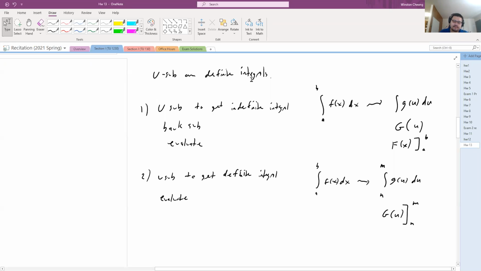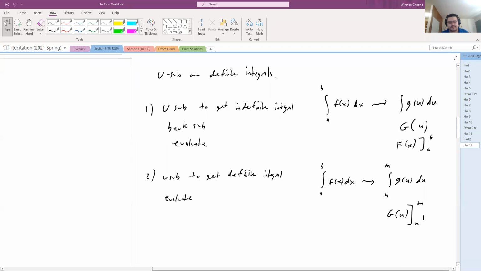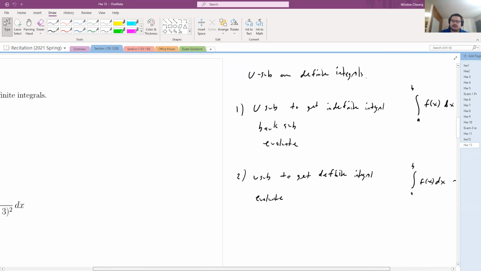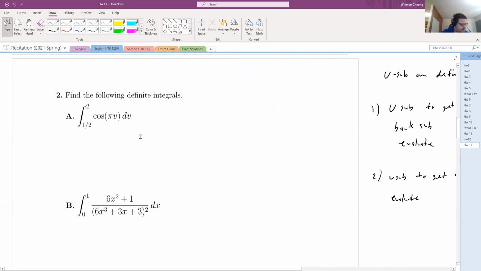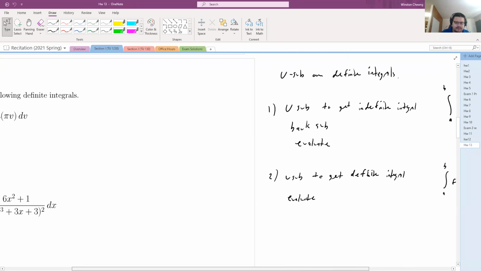Either method should give you the same thing. Otherwise, you will have done something wrong somewhere. So it's up to you which approach you're more comfortable with using. But for all of these problems, I opted to use the second approach. I opted to convert the limits over.